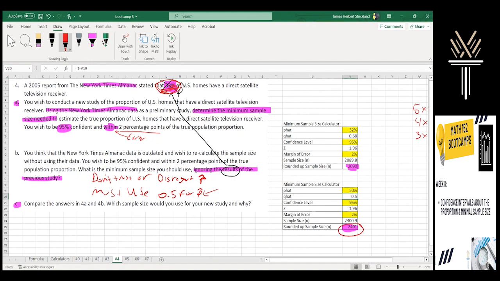Now, comparing these answers, should we do 2090 or should we do 2401? It really depends. We have to weigh 2 different factors. One, we'll have to decide on the added costs of more people. That could impact how much money it's going to cost.